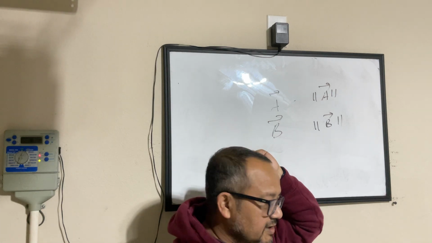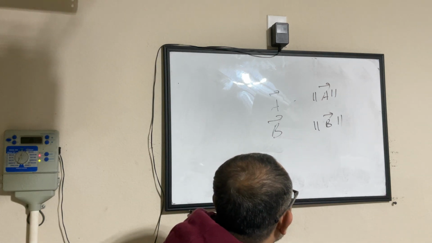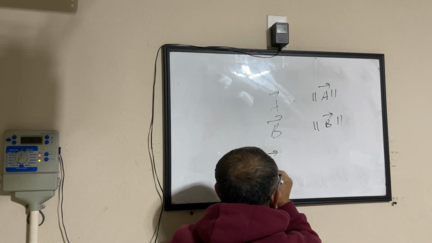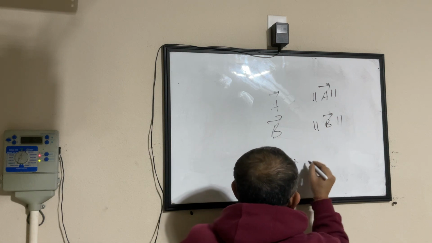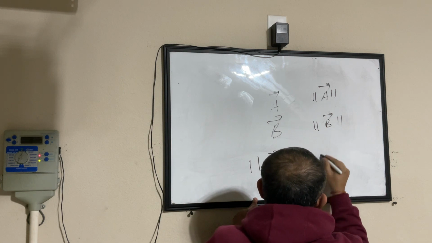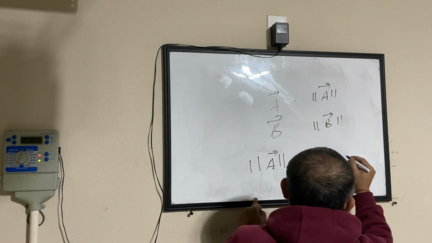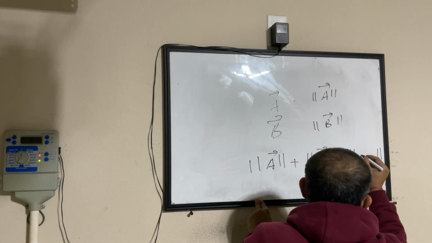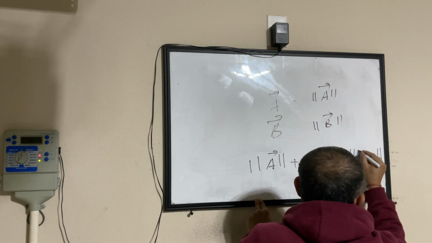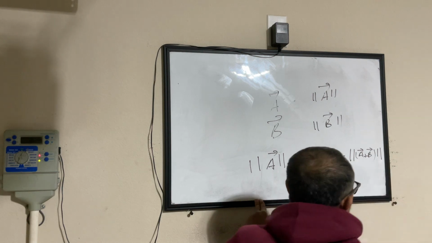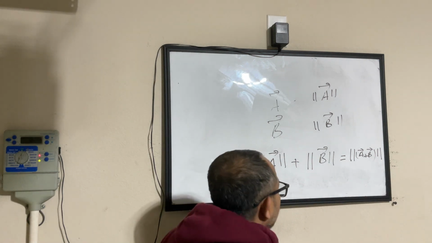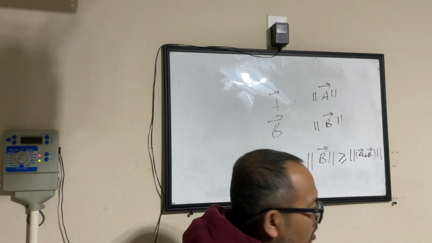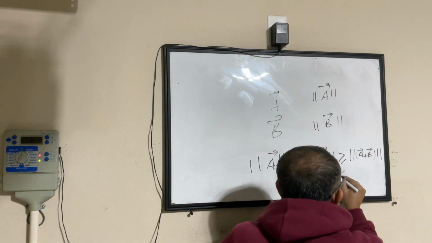Now a question to you guys is, will the magnitude of vector A plus the magnitude of vector B be equal to the magnitude of vector C, which is the same as this, or will it be greater than or equal to this, or less than or equal to this?